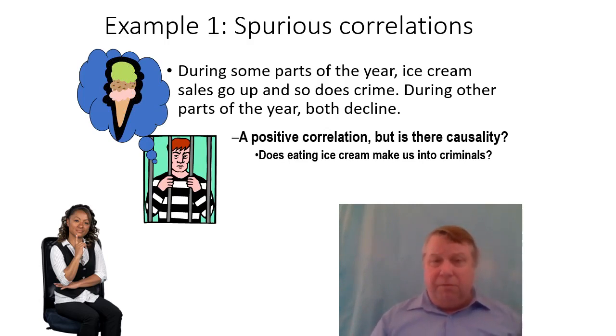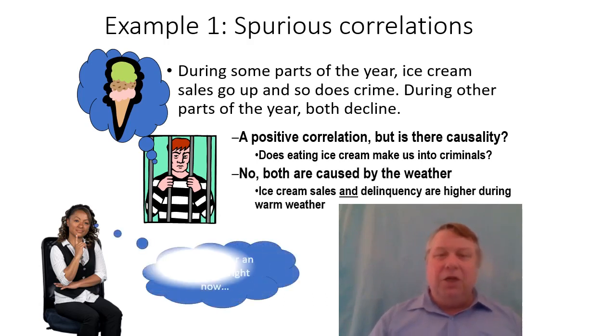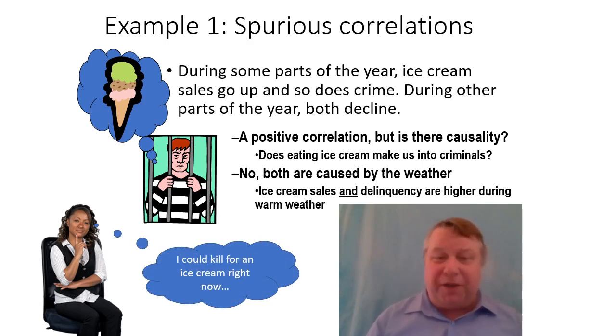Or maybe being a criminal makes you eat more ice cream? No. Both are caused by the weather. When it's hot, people eat more ice cream, and people are more likely to do crime. When it's cold, especially if it's very cold, everybody stays home, nobody eats ice cream, and even the criminals don't go out because it's too cold.